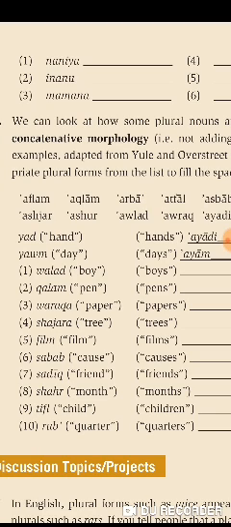Well, let's see. ولد أولاد، قلم أقلام، ورقة أوراق، شجرة أشجار، سبب أسباب، صديق أصدقاء، شهر أشهر، طفل أطفال، ربع أربعة.